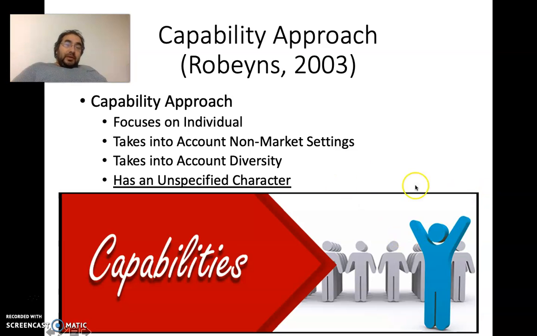So, since we are focusing not on the resources but on whether or not the needs are met, this diversity factor is also accounted for in the capability approach.